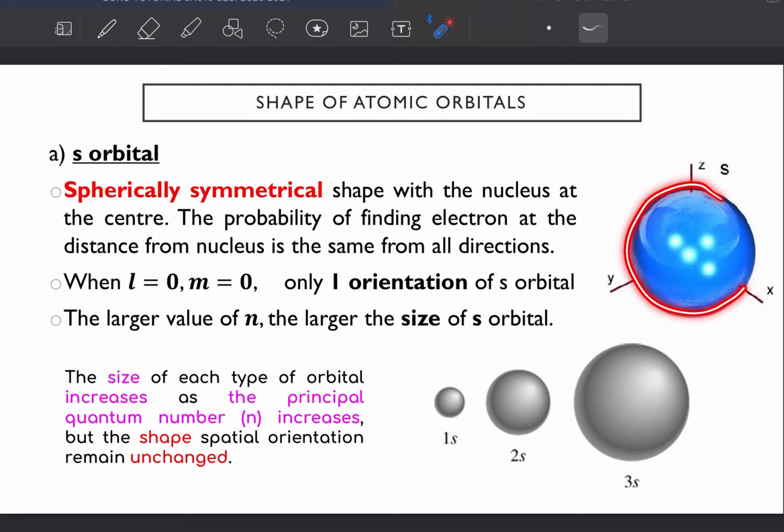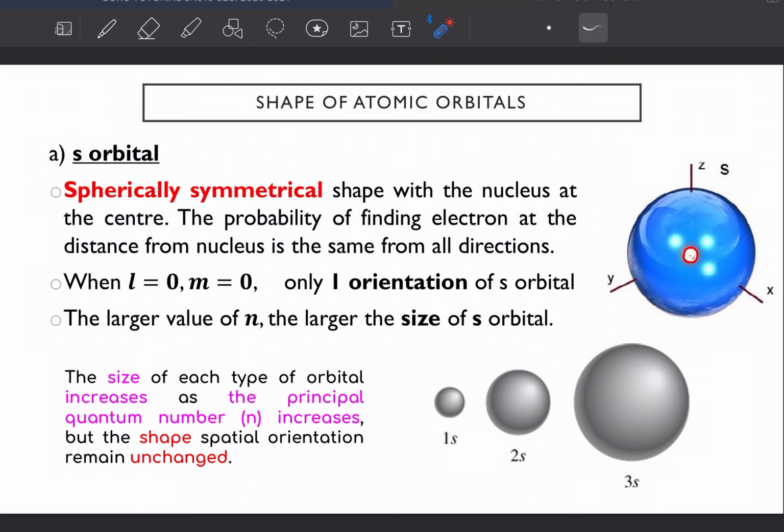So dalam awak punya orbital ada elektron. So as I have said before, s orbital is spherically symmetrical. So kalau dia minta shape of your s orbital, you can just call it spherical shape lah. Spherically symmetrical shape with the nucleus at the center.